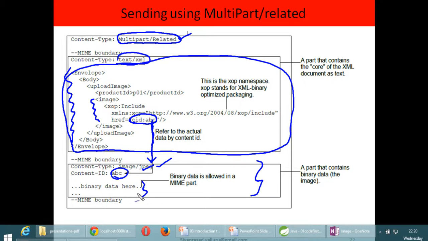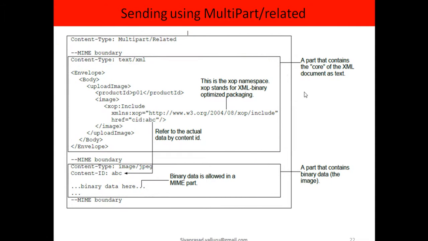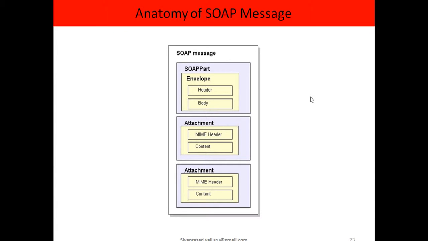So this is another idea. Now in this case I am sending a SOAP message which is referencing the attachments of the transport. That means a SOAP message can contain attachments as well. So once you understood the concept, let me show you how a SOAP message will look like. A SOAP message will look like this.